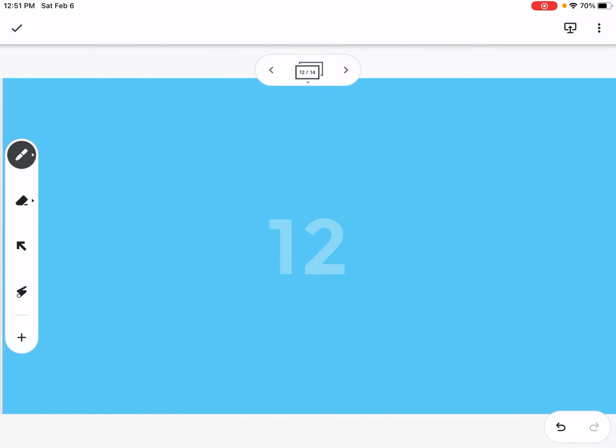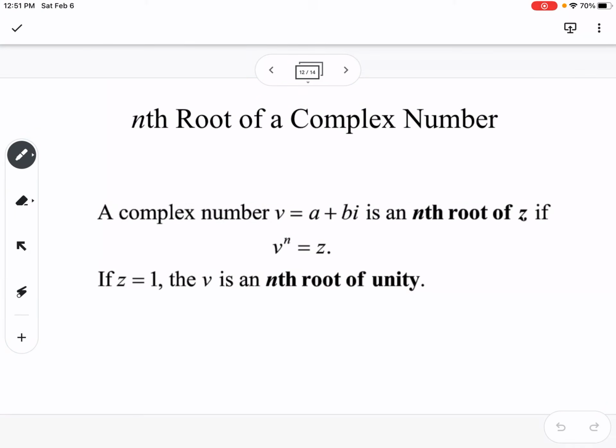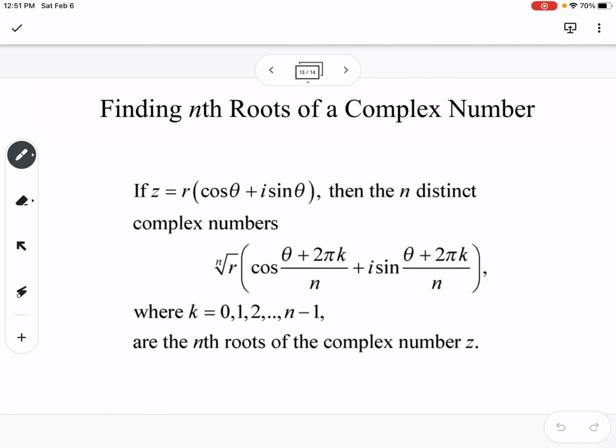Okay, so the last thing is finding the nth root of a complex number. A complex number written as a plus bi is the nth root of z if v to the n equals z. So we're going to jump into an example of this.